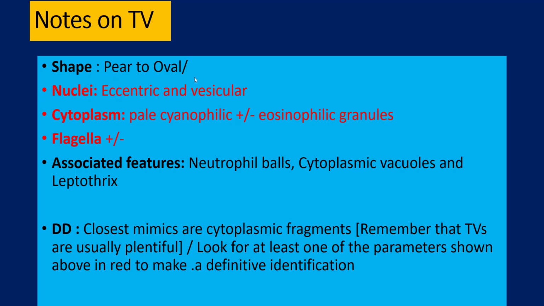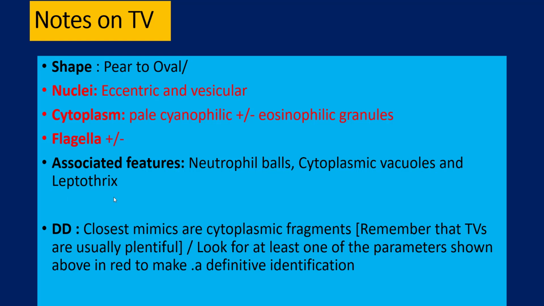So here are the notes on Trichomonas vaginalis. They have a pear to oval shape, nuclei eccentric and vesicular, cytoplasm pale cyanophilic with eosinophilic granules; flagella may or may not be present. The associated features are neutrophil balls, cytoplasmic vacuoles, and of course I have spoken about leptothrix.